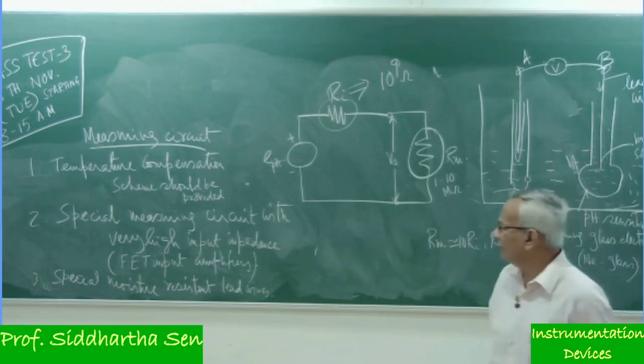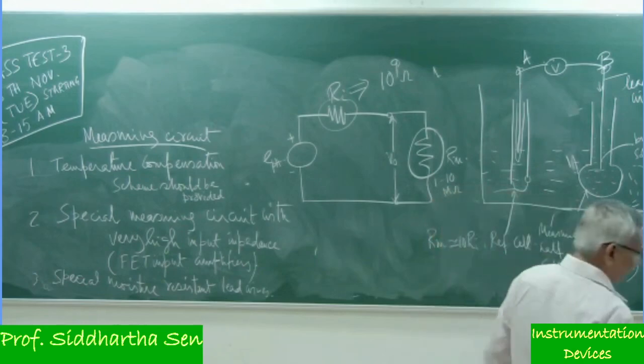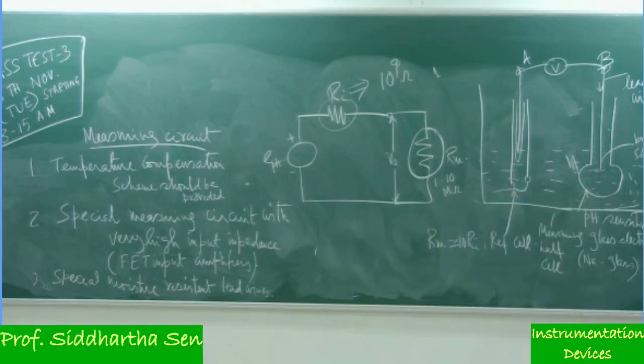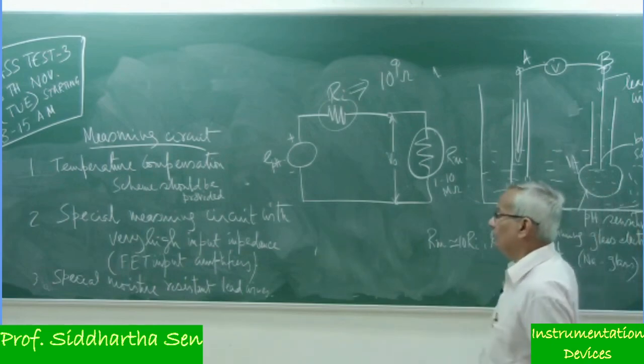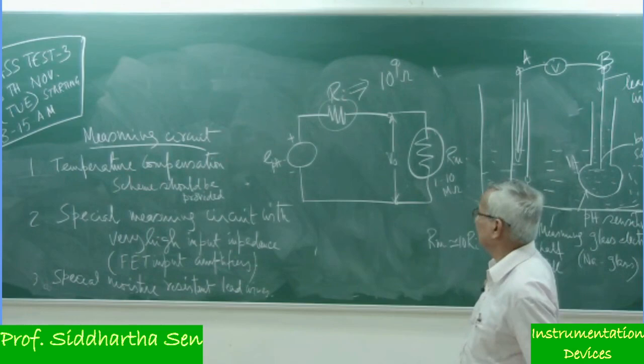So naturally, the principle looks to be very simple, but the measuring scheme is much more complicated, as we can see. So that is a very important thing. We must look for the pH measuring circuit, and these two things must be properly matched.